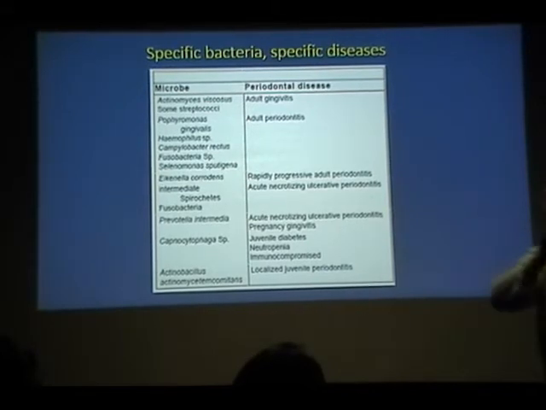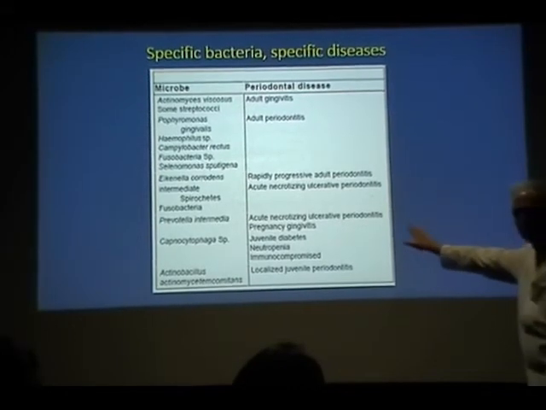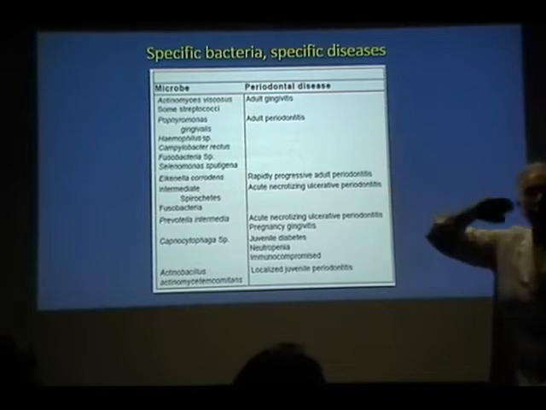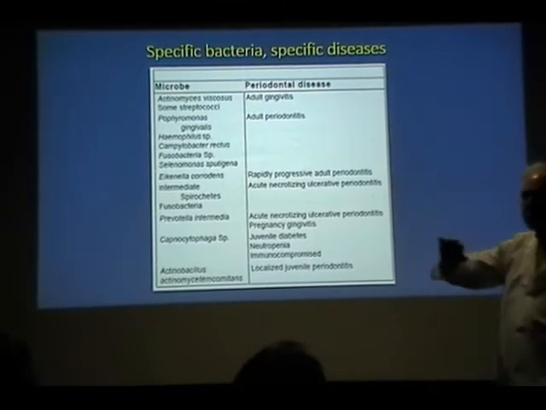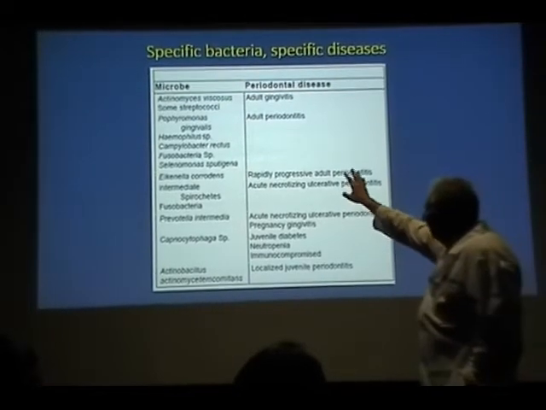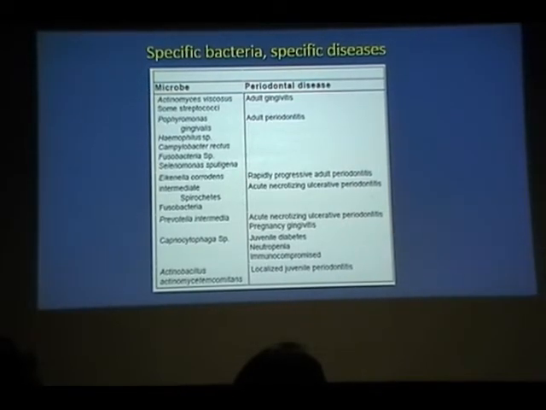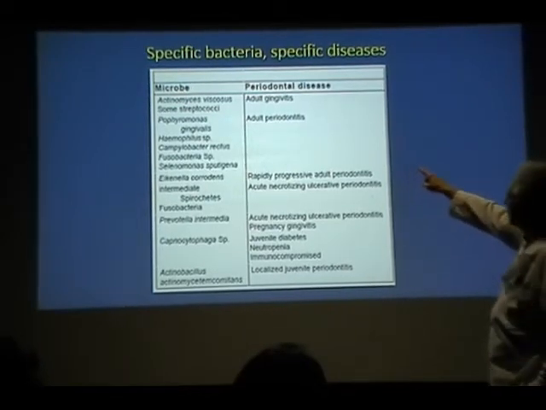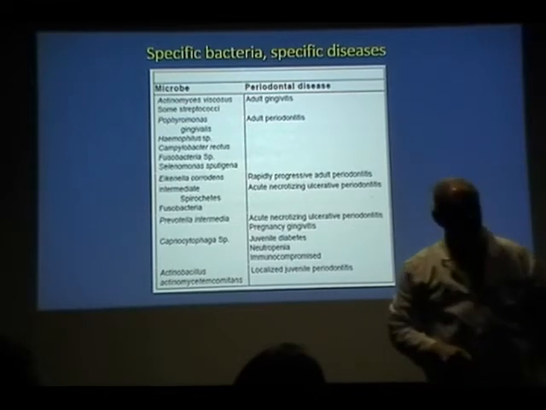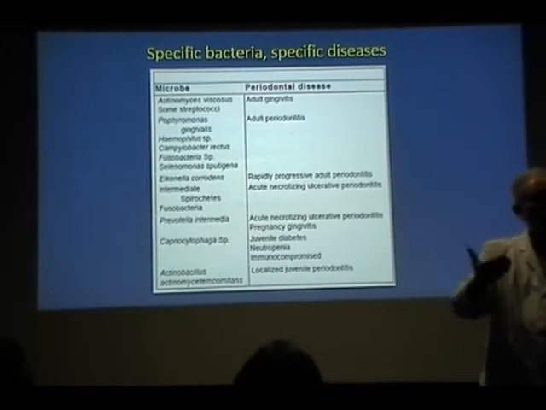I'm not here to tell you whether this is correct or not. What I'm telling you is that using the criteria of Socransky's, they were able to identify certain bacteria associated with certain forms of periodontal disease. Rapidly progressing periodontal disease, adult periodontitis. Notice Actinomyces viscosus in adult gingivitis. Okay? So that's a gram-positive organism.